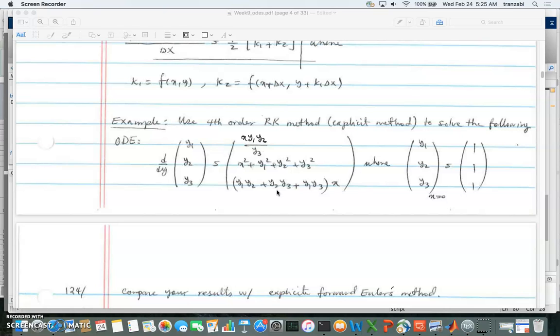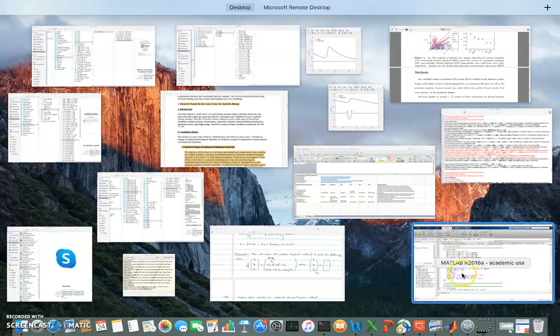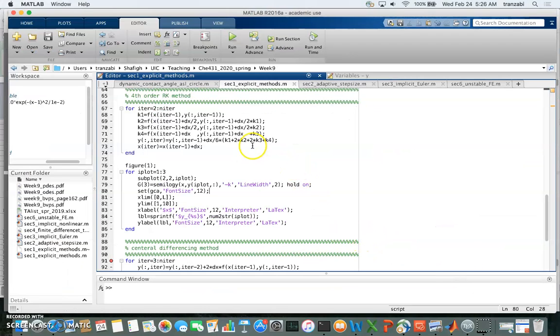So let's look at the same problem we looked at with the previous methods. This time we use RK4. The script is already on Blackboard. This section of the script actually implements RK4.